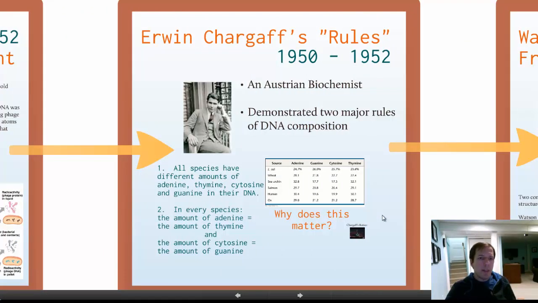Chargaff's rules, in this case in the early 50s, this was important in being able to figure out one of the patterns. What he did was that he did a lot of careful purifying to be able to see the ratio of adenine, guanine, cytosine, and thymine to each other.